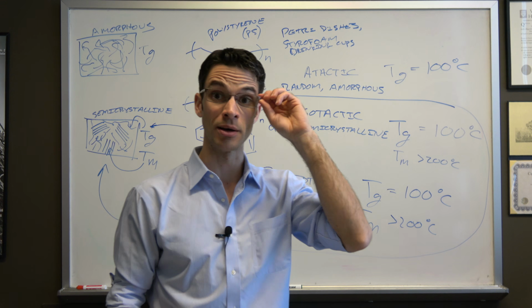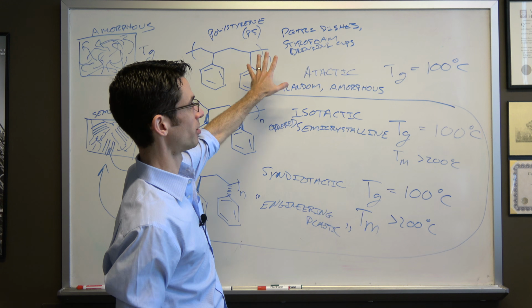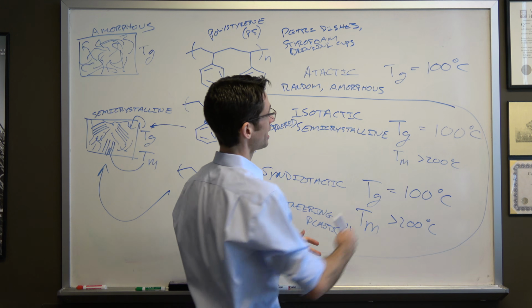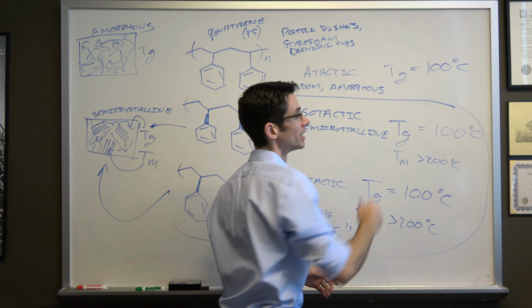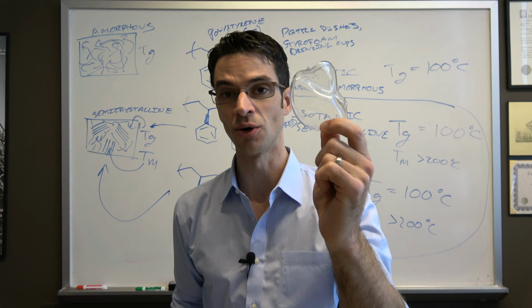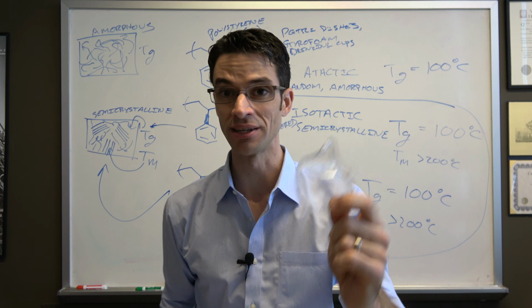You wouldn't use some crappy commodity polymer like atactic polystyrene, because as soon as you increase the temperature above Tg, the material can no longer support its own weight and effectively melts.